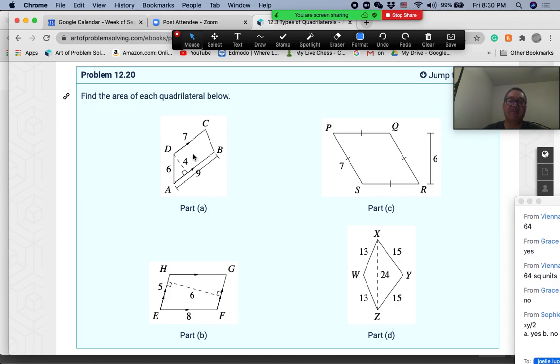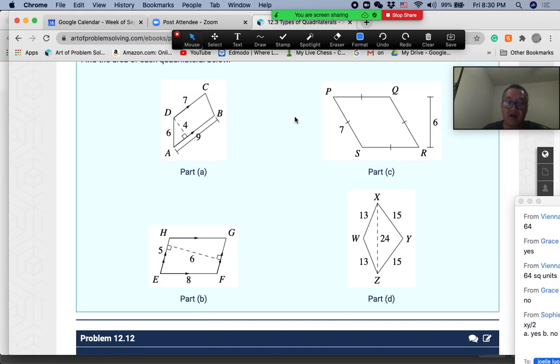So you use 7 plus 9 divided by 2, then times this altitude. That's 16. Let's see. This one will be 7 plus 9 divided by 2, then times the height. 16 divided by 2 is 8, times 4, that's 32.